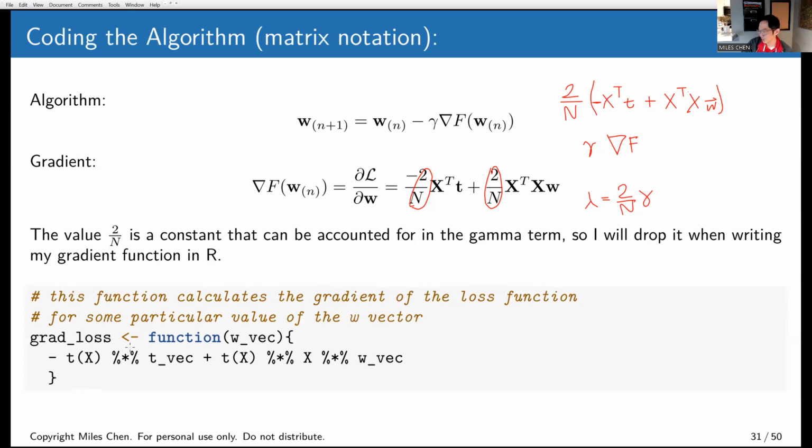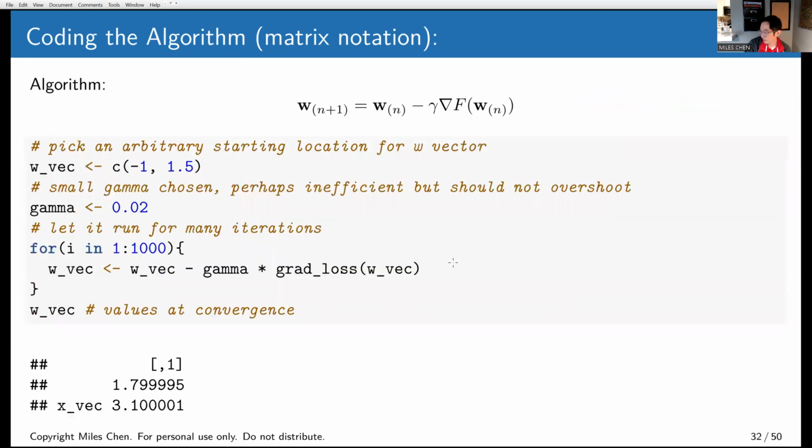I'm not going to worry about the 2 over n inside here, because it's just a constant. So I'll have negative X transpose times T plus X transpose X times W. This is my gradient function.